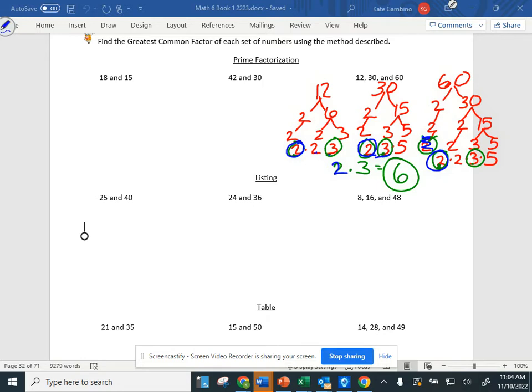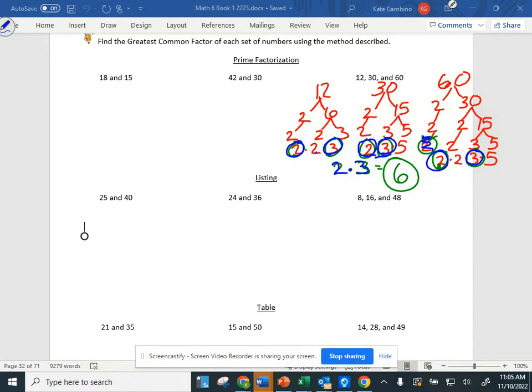Then I went to the 3s, and I see that they all shared a 3, so I could write that. And then I had to multiply them together. So you can only circle a number if it's shared by the other numbers. This second 2 wasn't shared a second time with my 30, so I couldn't put that down for the greatest common factor.